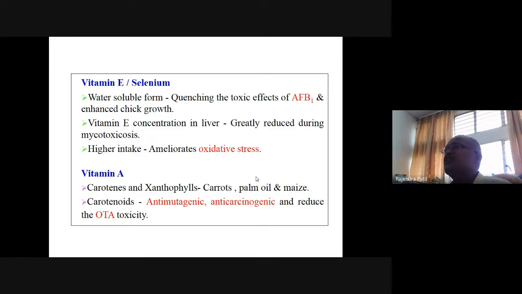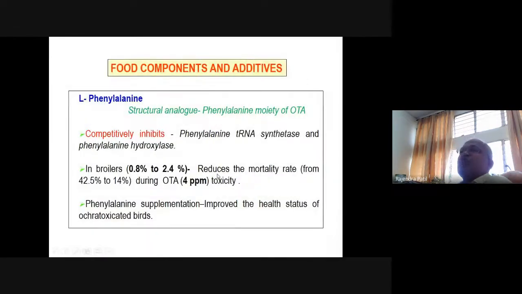Even vitamin A is anti-mutagenic and anti-carcinogenic because of the presence of carotenes and xanthophylls. Then food components and additives include phenylalanine. These are structural analogs of the phenol moiety of OTA, and the aflatoxin competitively inhibits phenylalanine tRNA synthetase and phenylalanine hydroxylase during toxicity.